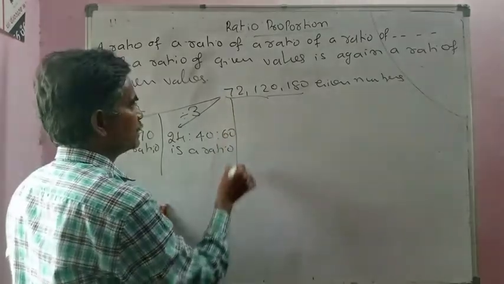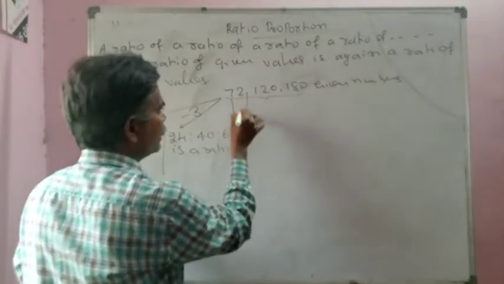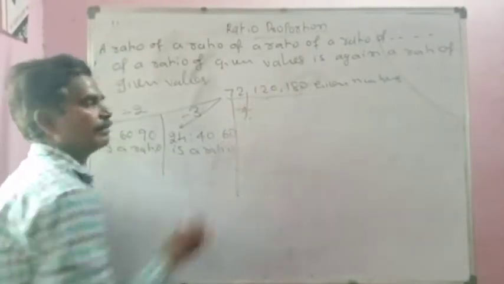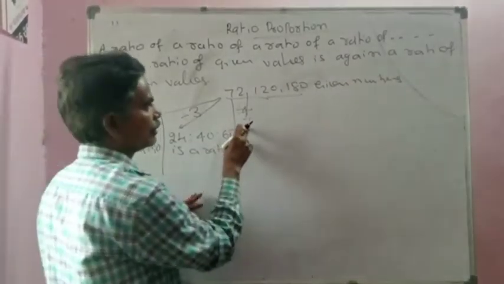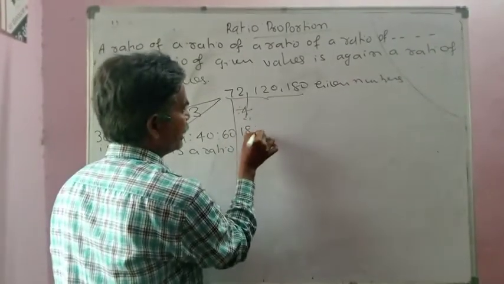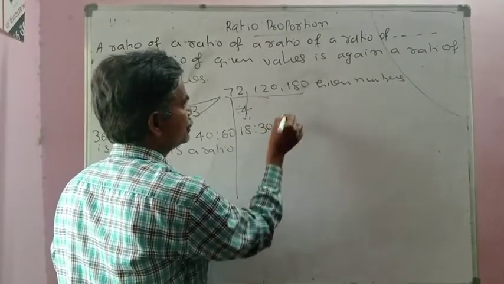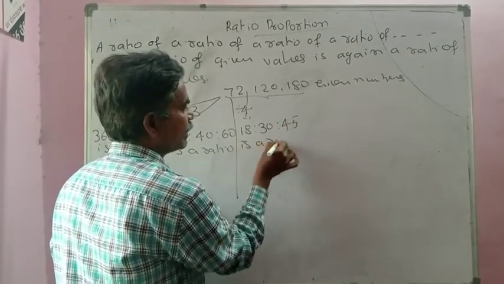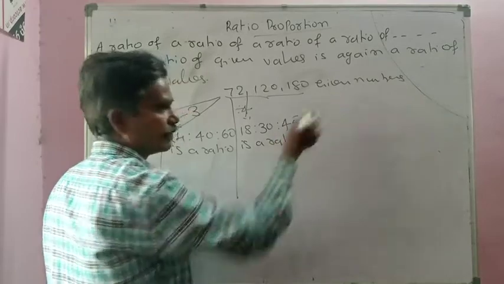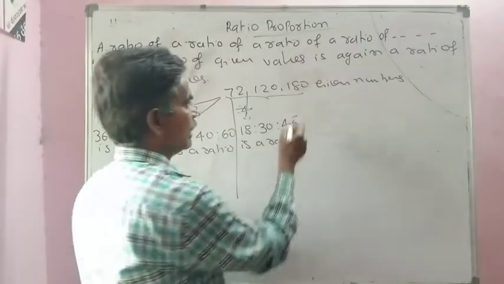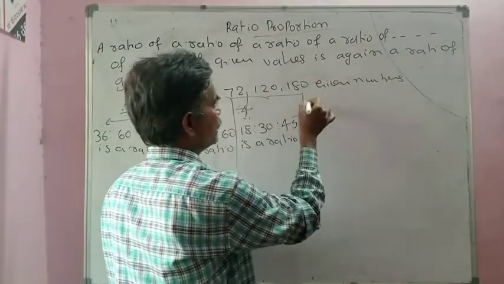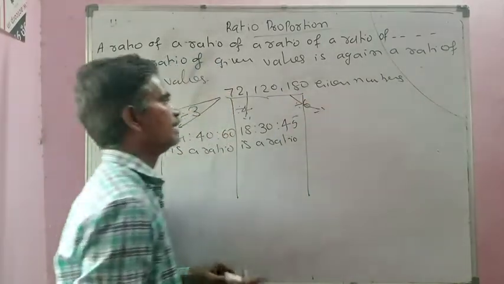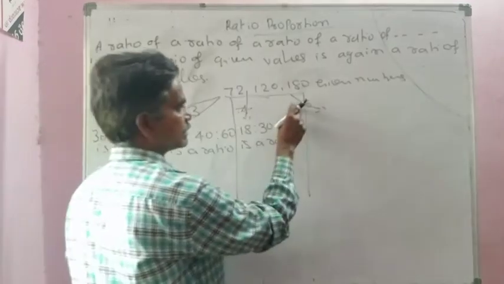And let us find another ratio of these values. For that, let us divide those values by 4. Then we will get 18 is to 30 is to 45, a ratio of the given numbers. And let us find another ratio. For that, let us divide the given values by 6.